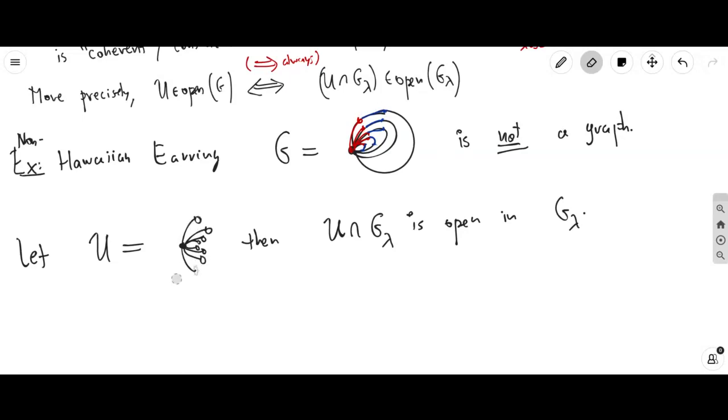Then it will not intersect with U. It's empty. So empty, that's an open subset of G lambda. But if it's, let's say, this red one over here, when you take this U and you intersect it with, let's say, this edge over here, what do you get? Well, you will either get something that's empty, but maybe you'll get something like this.